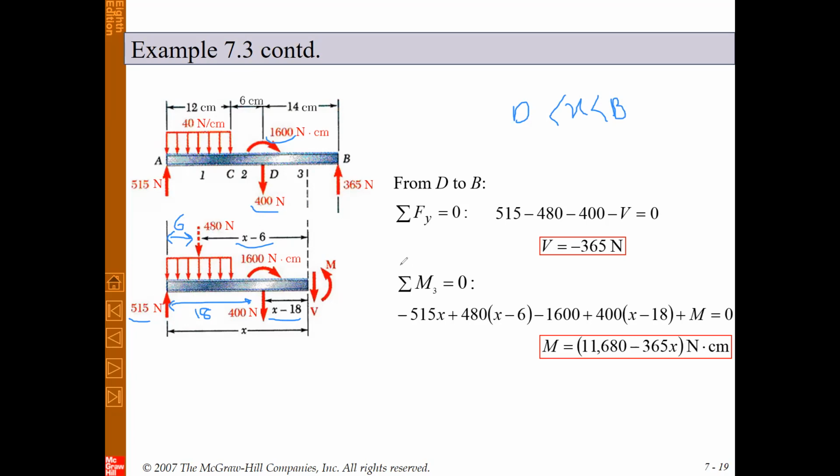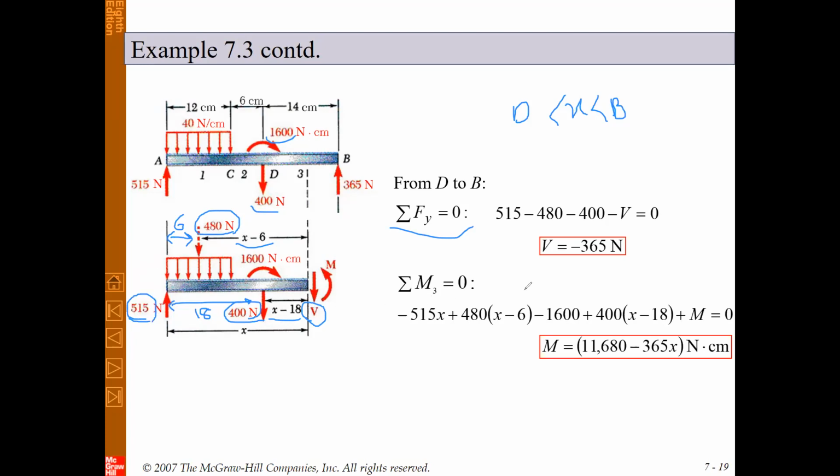So again, you can write the force equation in y direction. We will have V, the shear force, with a negative sign, because this is in downward direction. We have minus 480, we have minus 400, and we have plus 515.